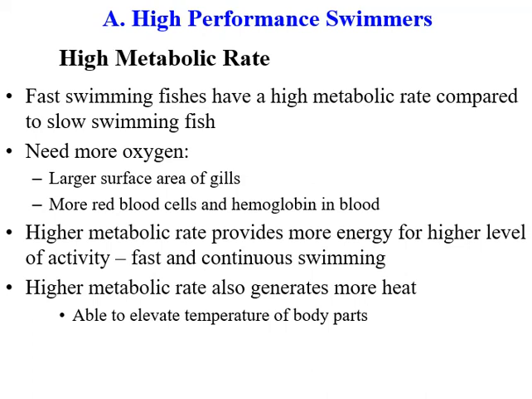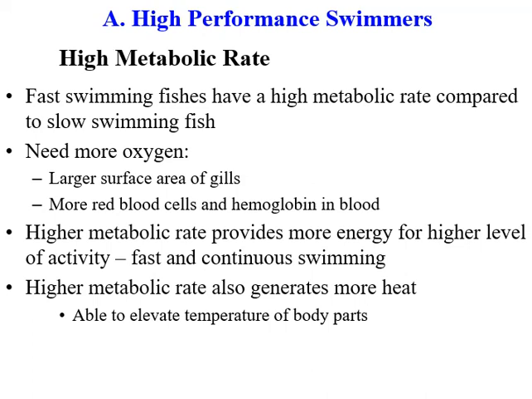In other words, they heat parts of their body. They heat their muscle, and then their muscle contracts more powerfully, more efficiently when it's warm compared to when it's cooler. So basically, you have to have a higher metabolic rate, even if you don't heat your body.